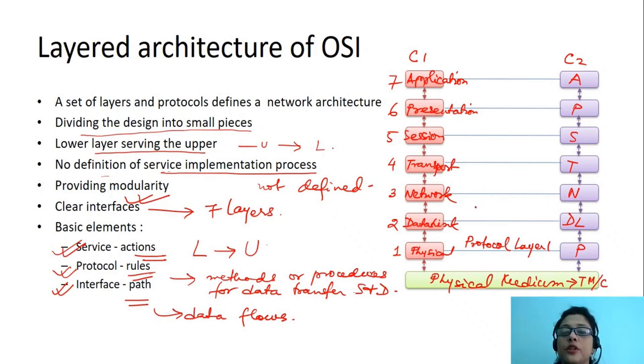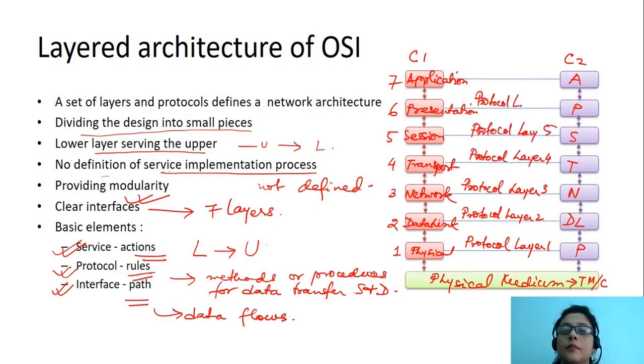Similarly, the data link layer of computer 1 must follow the protocol of layer 2. Similarly, the network layer should follow the protocol of layer 3 and so on. So in this way, the physical layer of one computer will be connected to the physical layer of another computer through the layer 1 protocol. In this way, all the layers will work independently, having their own functionalities.